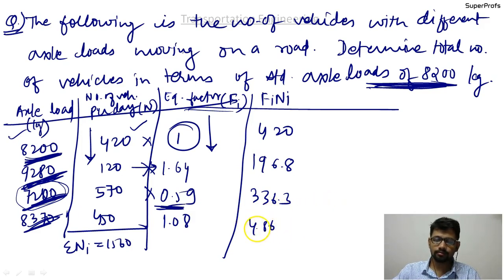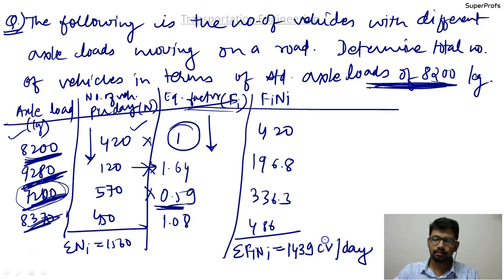Summation FiNi is equal to 1439 commercial vehicles per day.